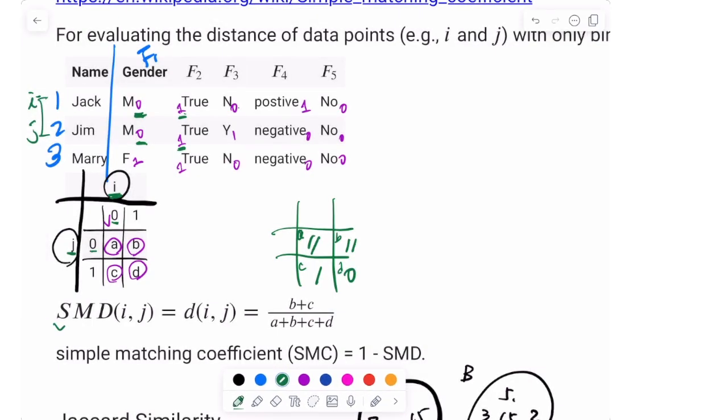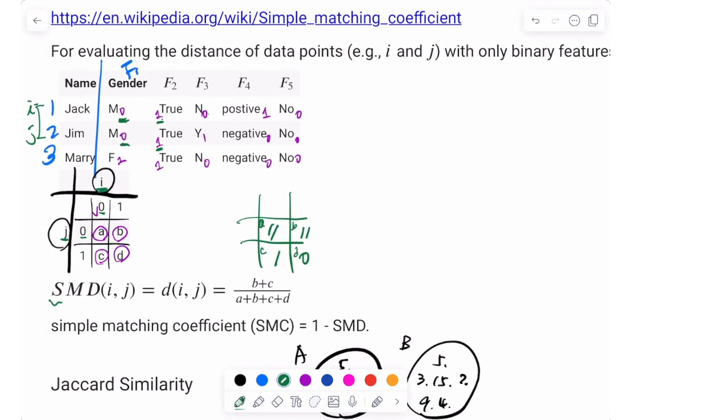So the distance of I and J: we have 5 different numbers right here, and B plus C is 3. So the distance between Jack and Jim is 3 over 5. That is how you calculate it.